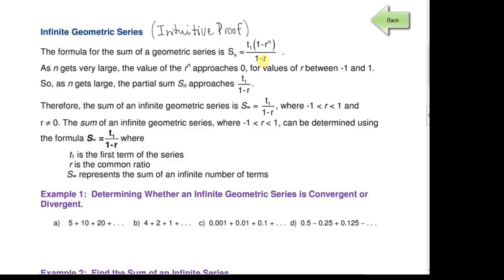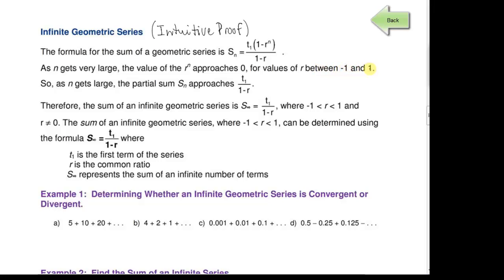What we're going to look at is what happens as n, our exponent, becomes a very large number. As n gets very large, the value of r to the nth power approaches 0, for values of r between -1 and 1.